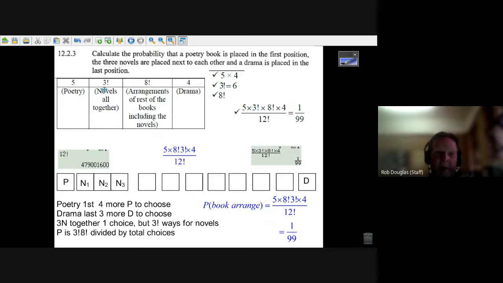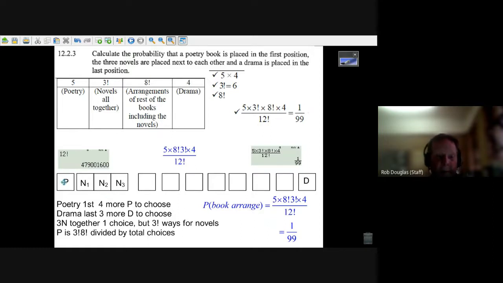Now, when they say the novels have to go together, there's 12 books, so I put 12 boxes. This is the way I like to do it. Now, the three novels have to be together. So I kind of tie a rope around them and put three boxes. They've just turned into like one choice, like they're one box now, except there's three different ways they can be arranged.